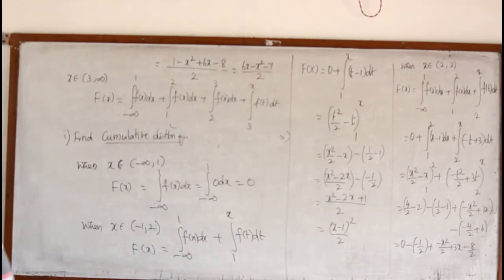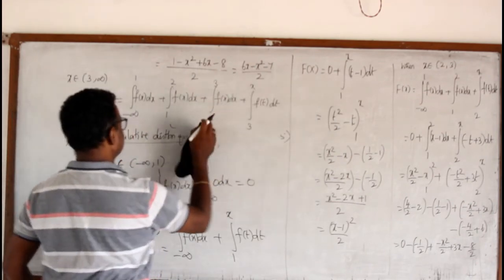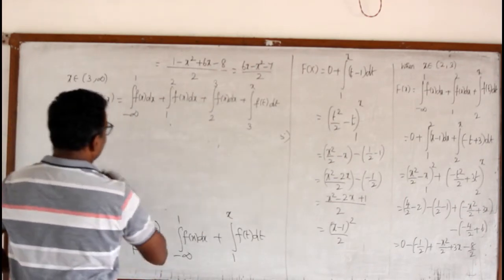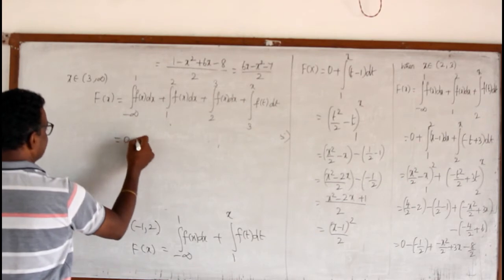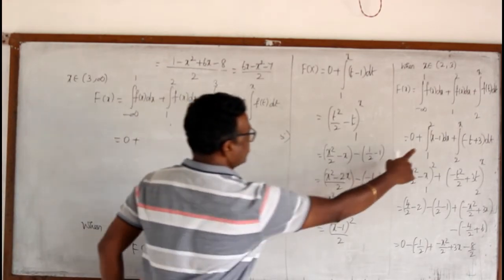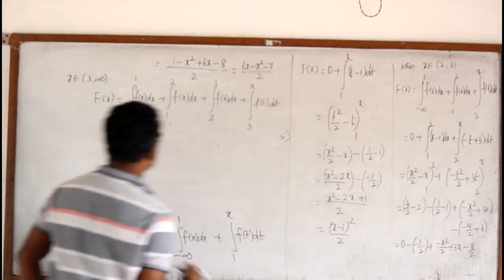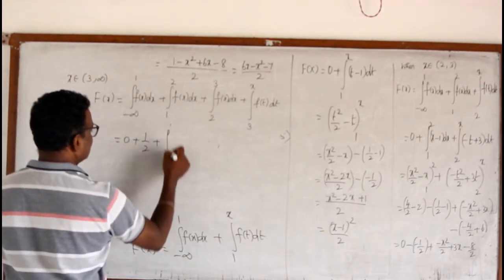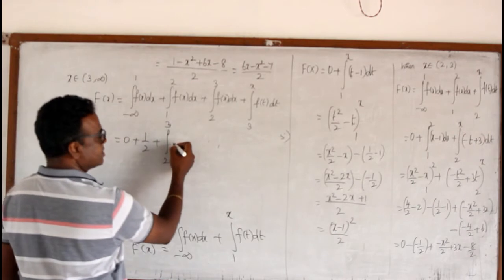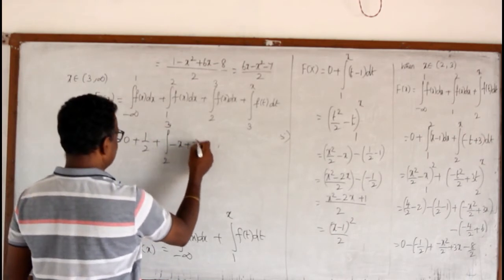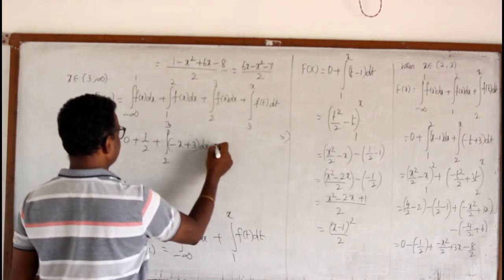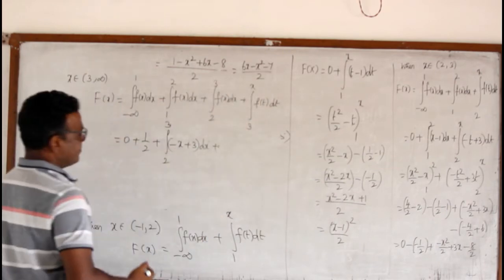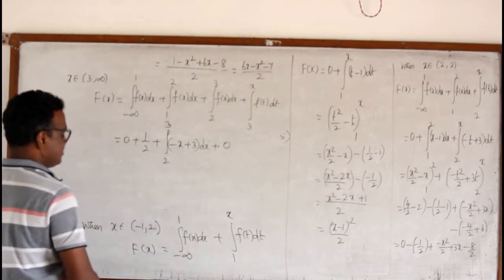Final value must always be in terms of x. Now we know this value is 0 and this value we found as 1 by 2. So I can write 1 by 2, only this is 2 to 3. Here the function is minus x plus 3 now because we are writing in terms of x. And from 3 to x the function does not exist, so that becomes 0.